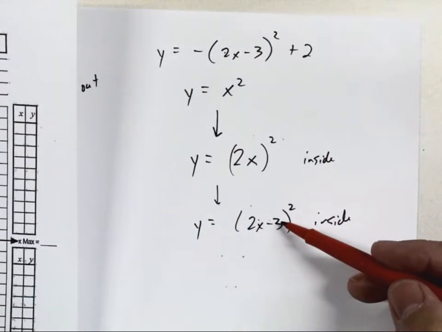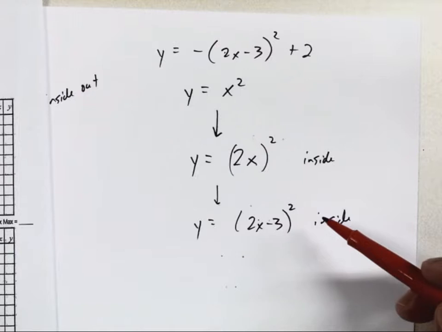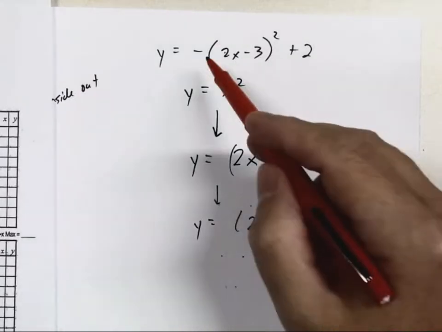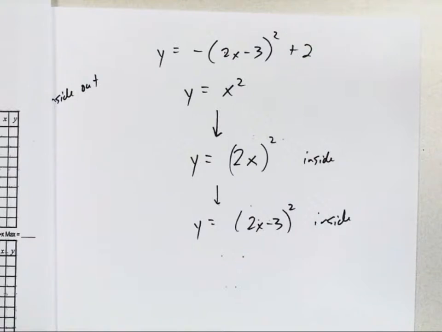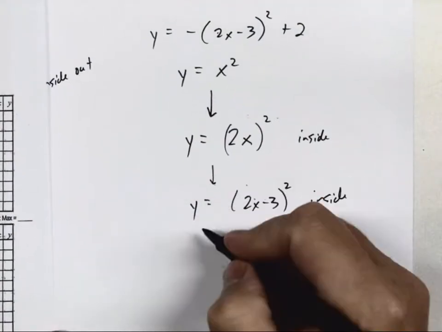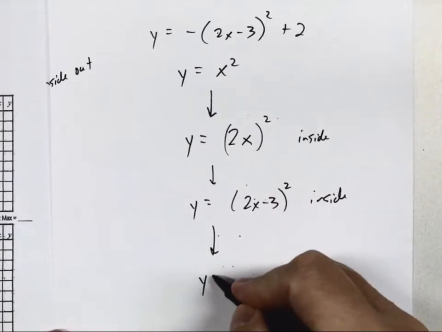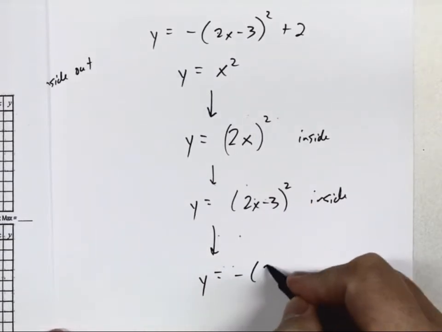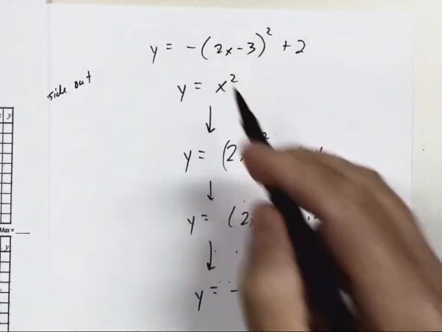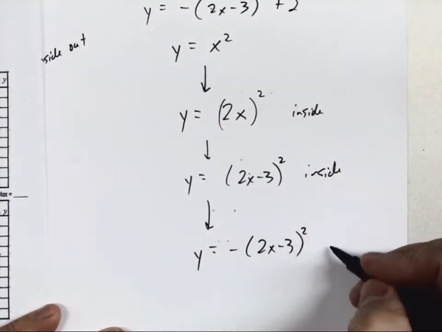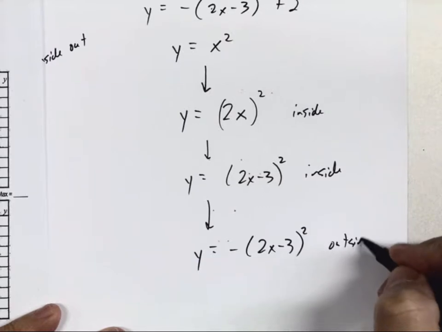after applying this. And now the next piece I want to do is I'm going to tack on the minus. Now this is outside the function. So you can see I'm building this up one piece at a time until I get to my final goal. So this is outside the function.